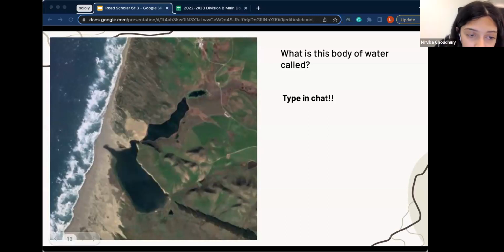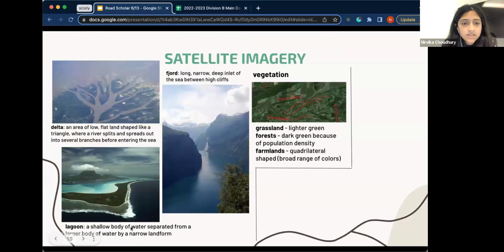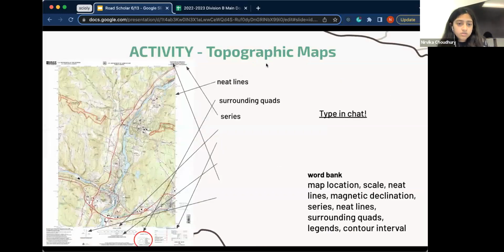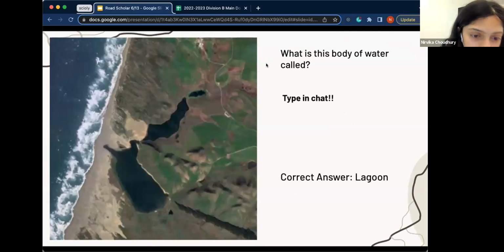I think the one in the middle is it. I think it's just a shadow. I don't know for sure though. But it's a lagoon, yeah.